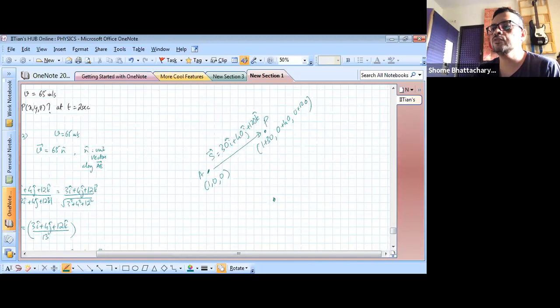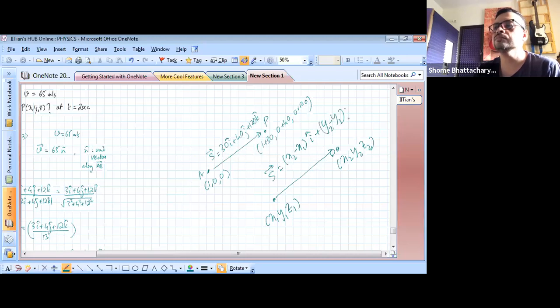Because see, when you go from some point whose coordinates are x1, y1, z1 to another point whose coordinates are x2, y2, z2, so ये जो displacement vector है वो क्या होता है? It is (x2 minus x1) i cap plus (y2 minus y1) j cap plus (z2 minus z1) k cap. So we are just making use of that concept.